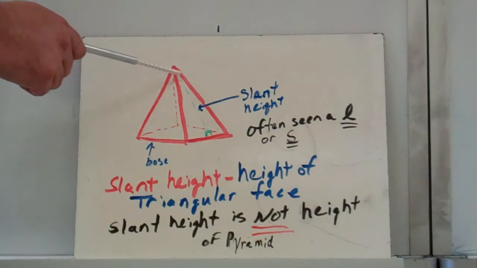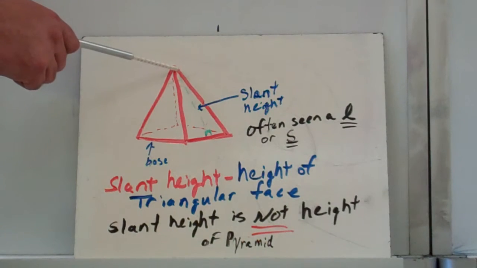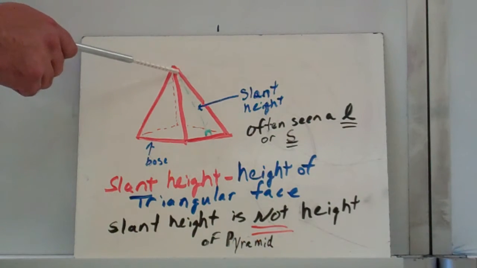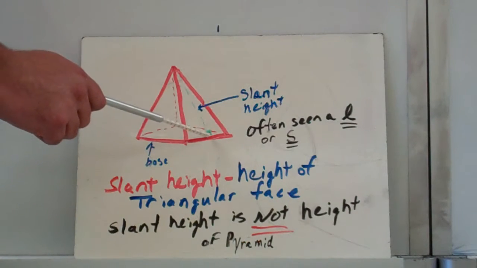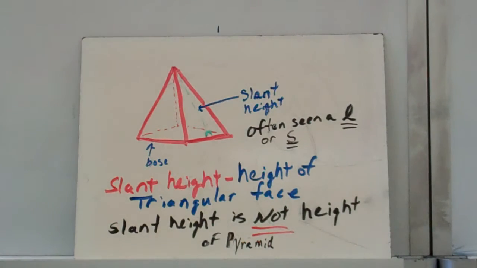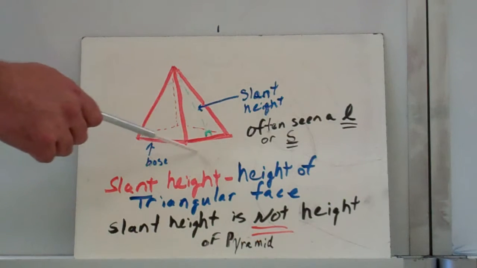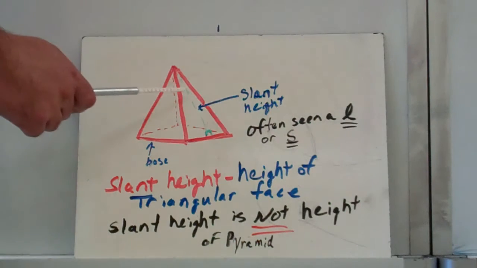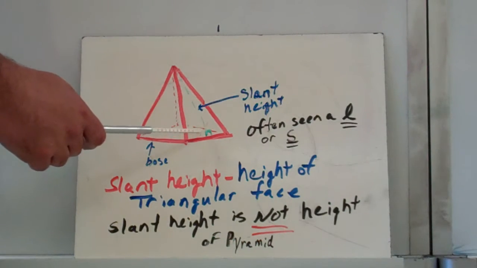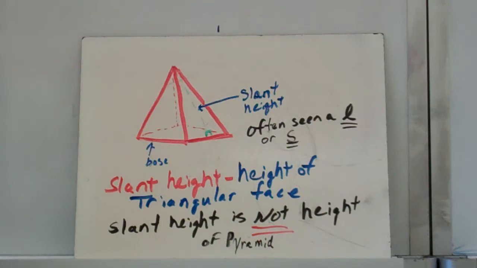So the slant height comes down from the apex of the pyramid, the vertex of the pyramid, all the way straight down, perpendicular to one of the base sides, okay? And you can see it's a dotted line, so it's not actually a solid line on the pyramid. It comes down and forms a right angle.